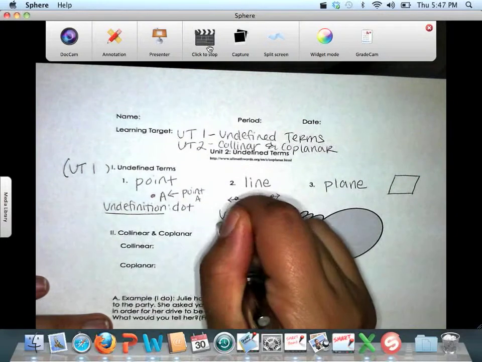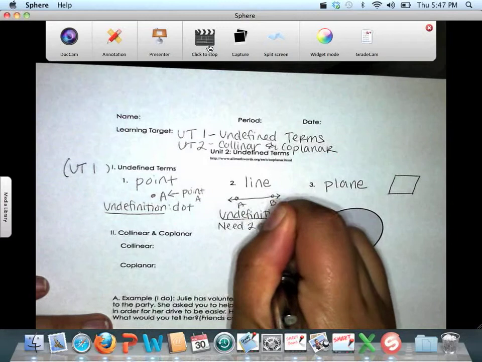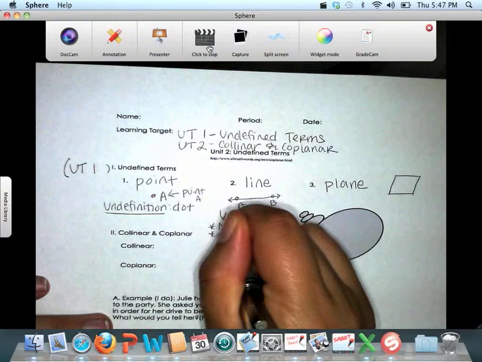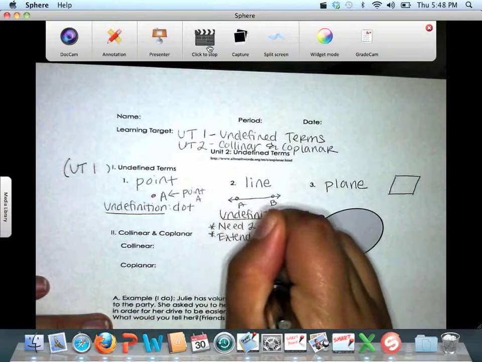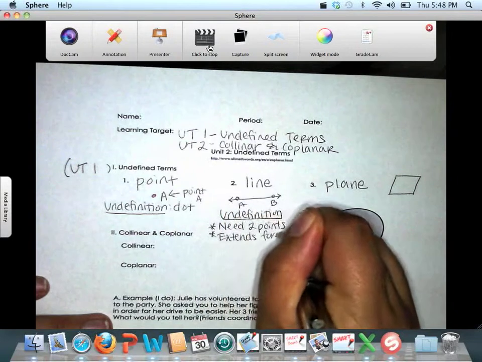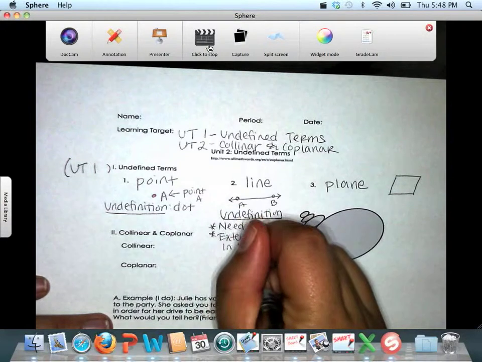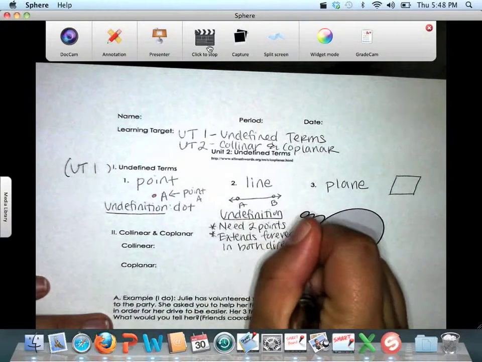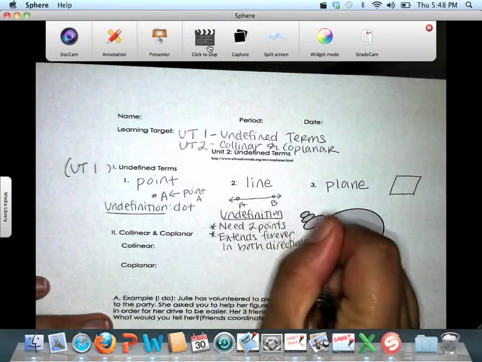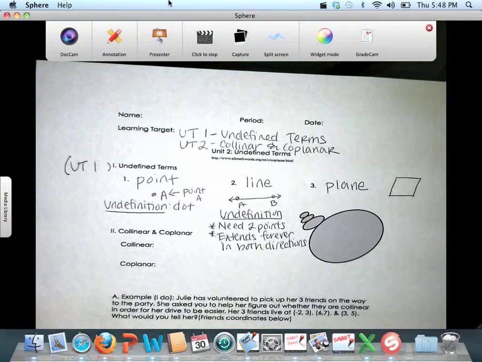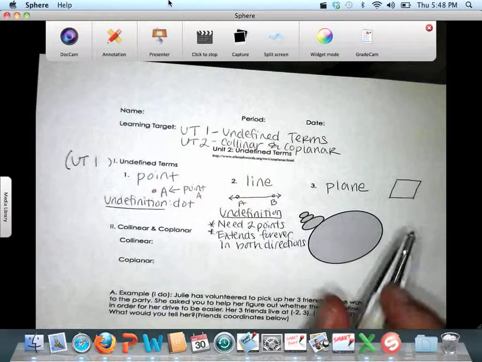So you need 2 points, and it extends forever in both directions. Sorry, my pen is a little weird. Okay, so this is the undefinition of a line.